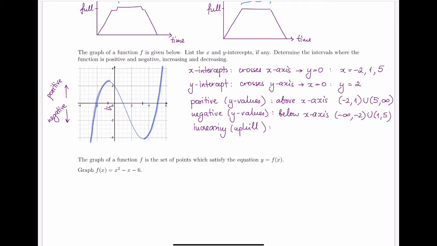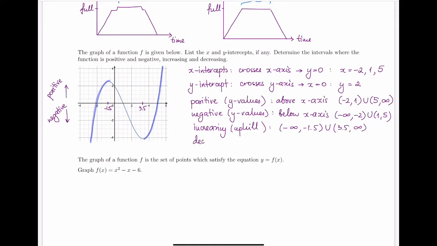So let's say that this is approximately 3.5. Okay, so these are approximations. I'm just eyeballing from the graph. So increasing from negative infinity to minus 1.5, and then again from 3.5 to positive infinity.